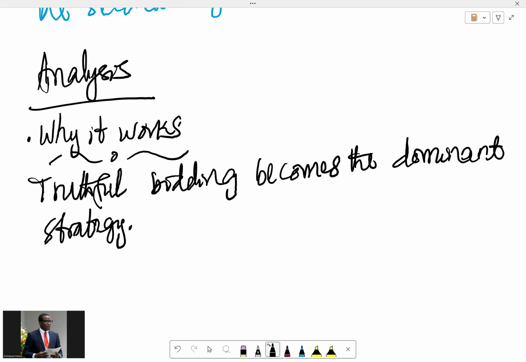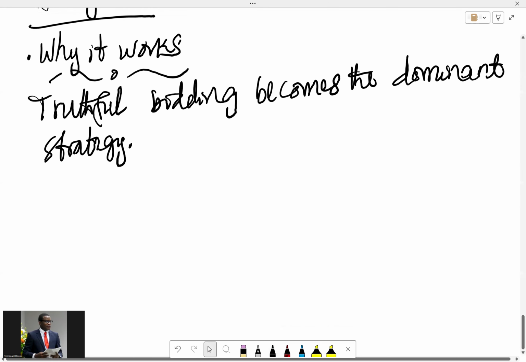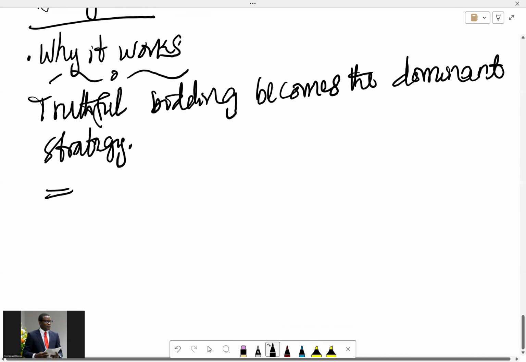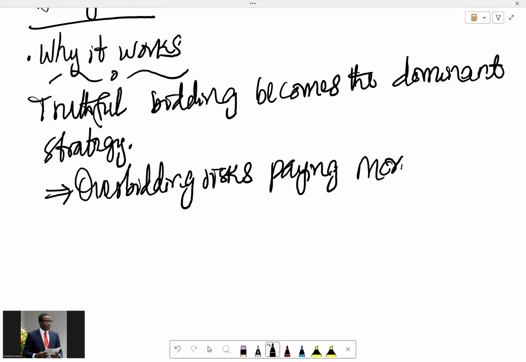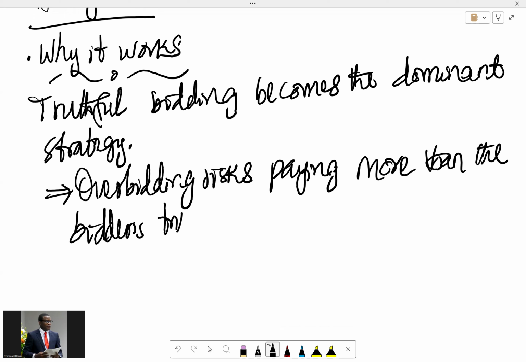So if this kind of game is played over and over again, the players are forced to speak the truth. Because overbidding risks paying more than the bidder's true valuation if they win.